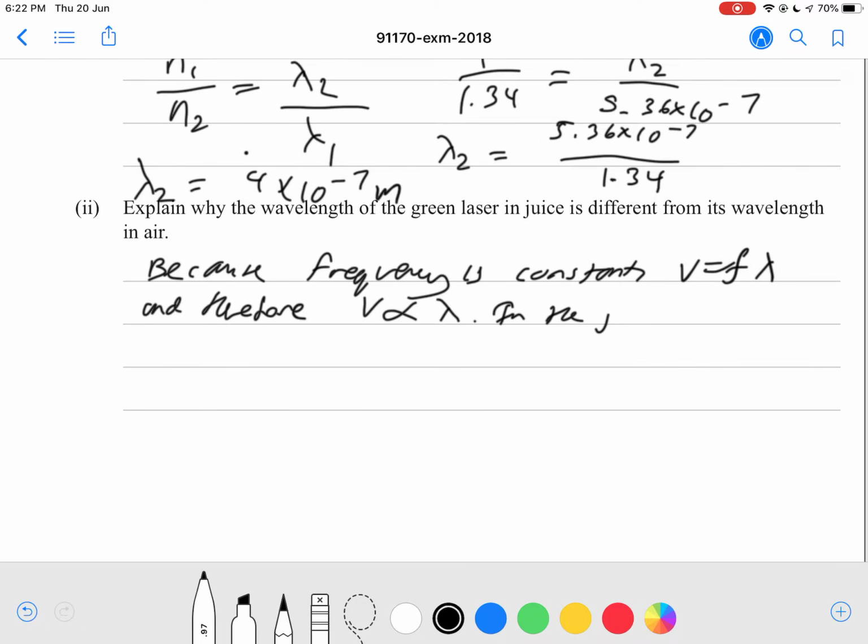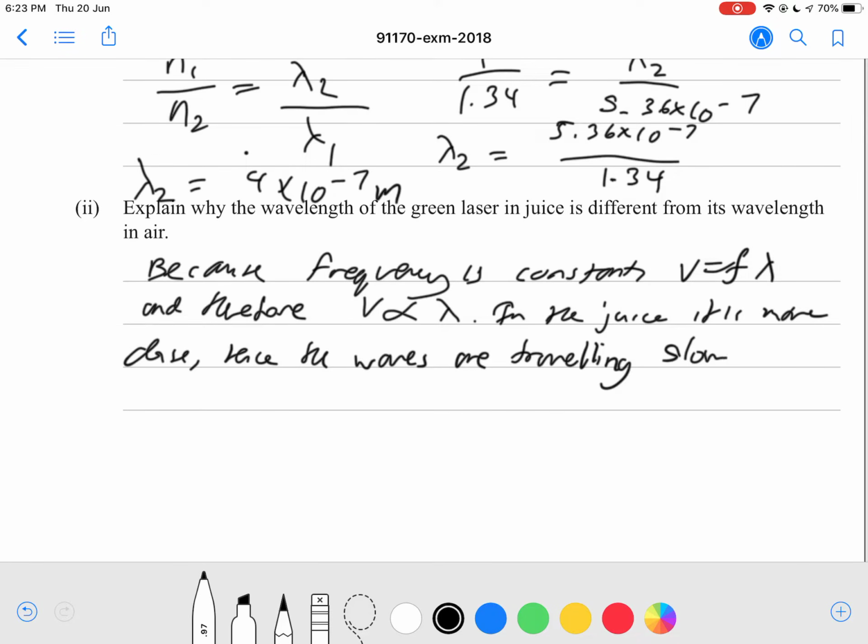In the juice, it is more dense, hence the waves are traveling slower than in air, and hence a lower lambda.